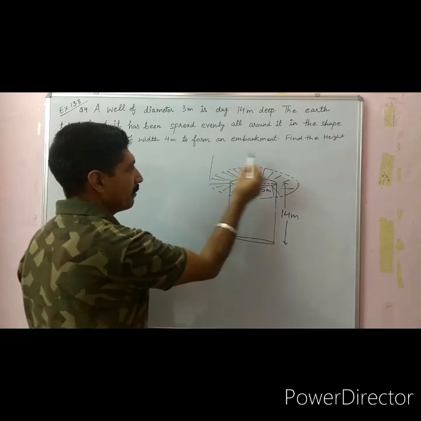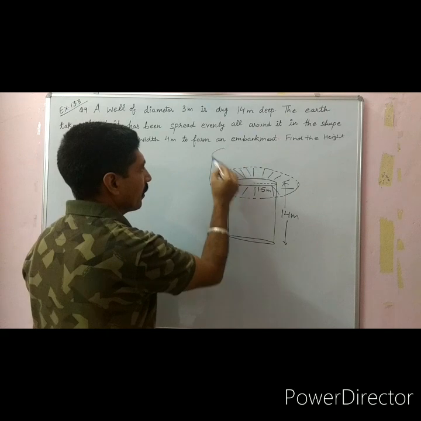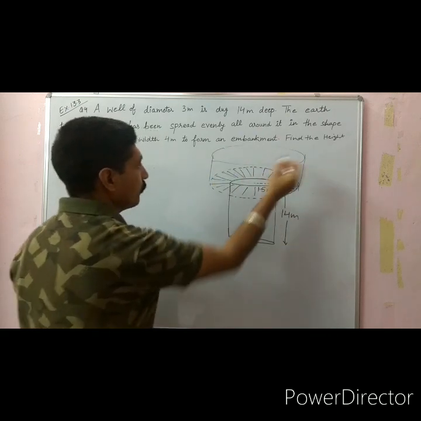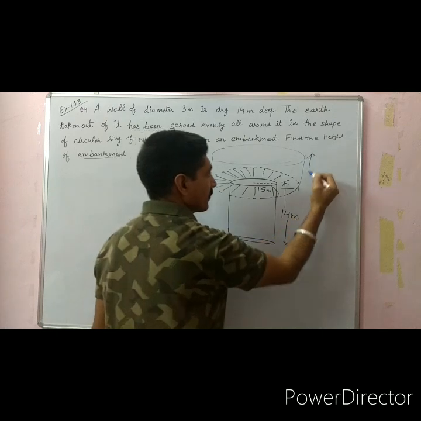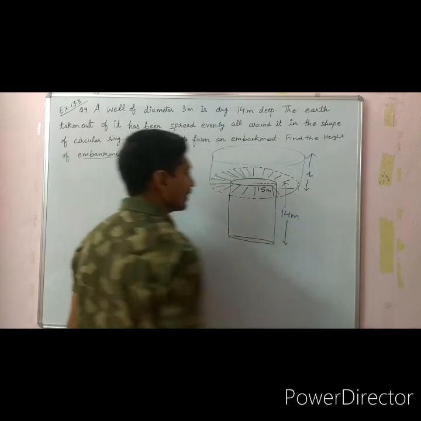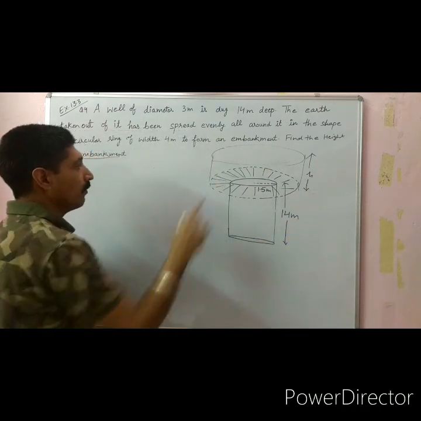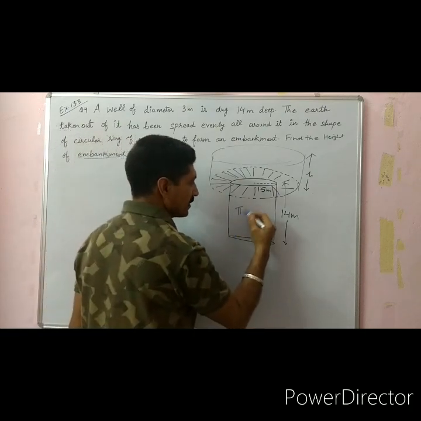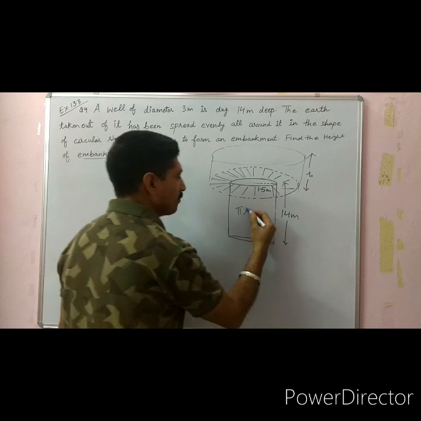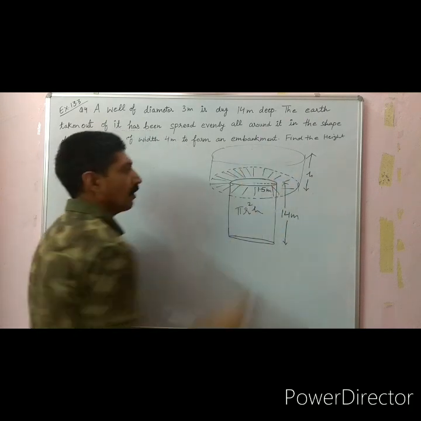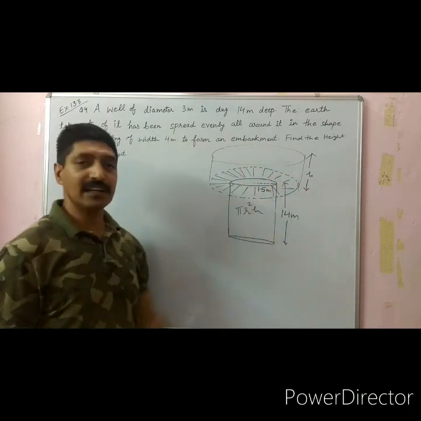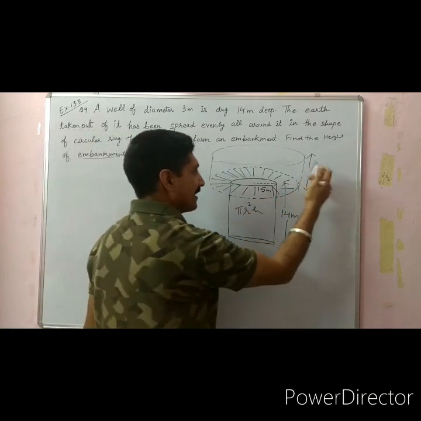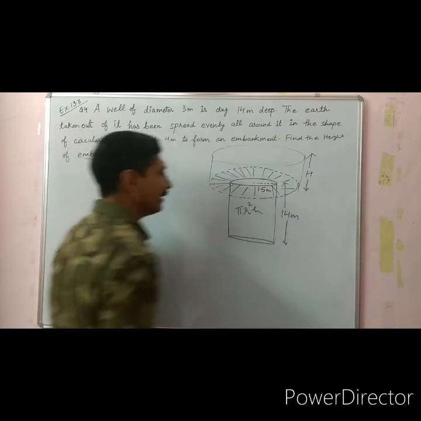And we want to frame the embankment and find its height h. So the volumes of the two solids are pi r square h, as they are all cylindrical in shape. Let's take capital H for the embankment.